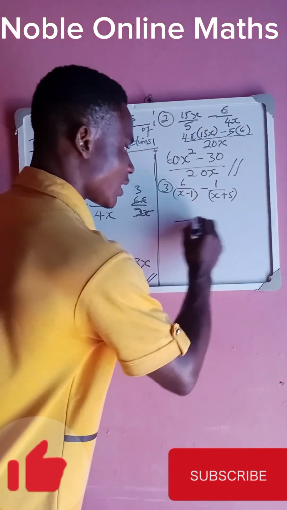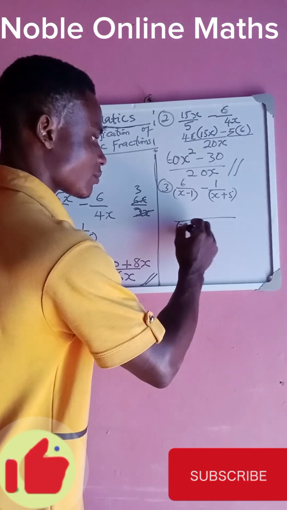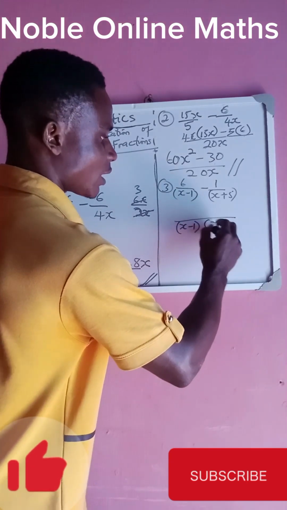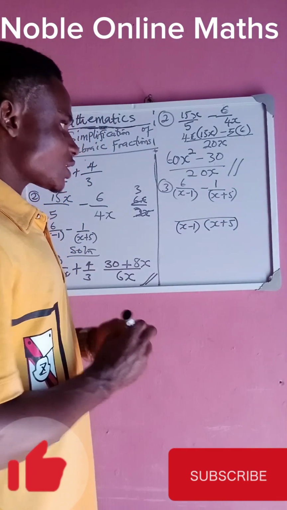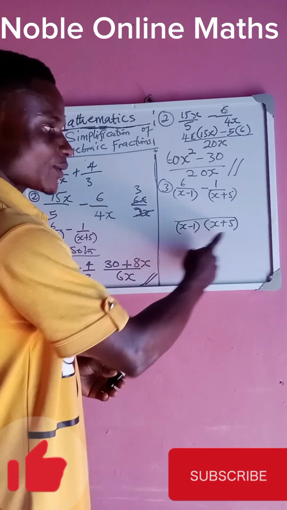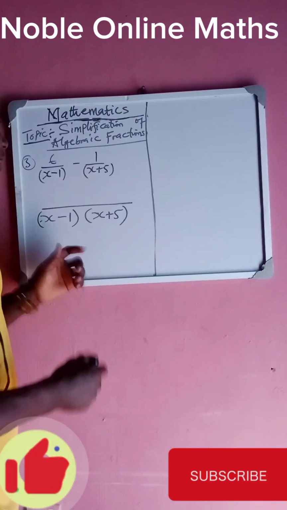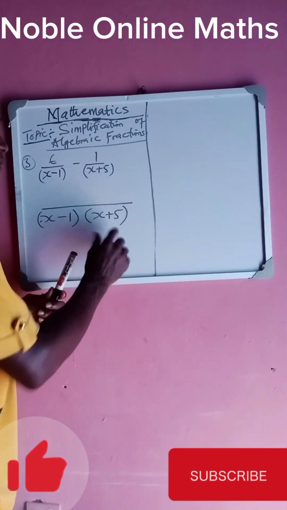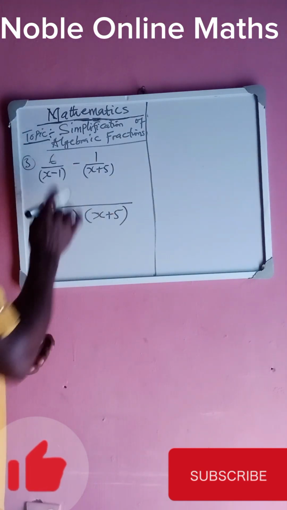So our LCM will be equal to bracket x minus 1, then bracket x plus 5. So this is our LCM. Such that this divides this, we have this, and this divides this, then you simplify further. Then doing that, now we have this divided by this, we are going to have x plus 5. And x plus 5 now multiplied by 6.